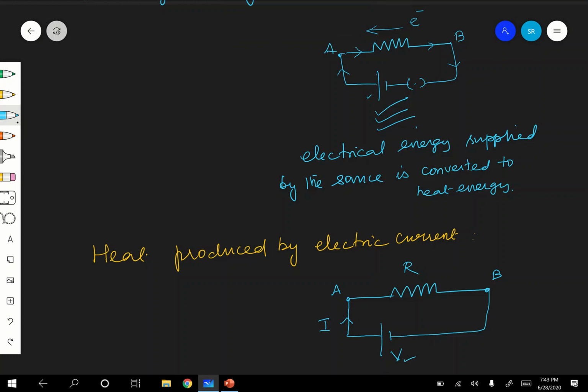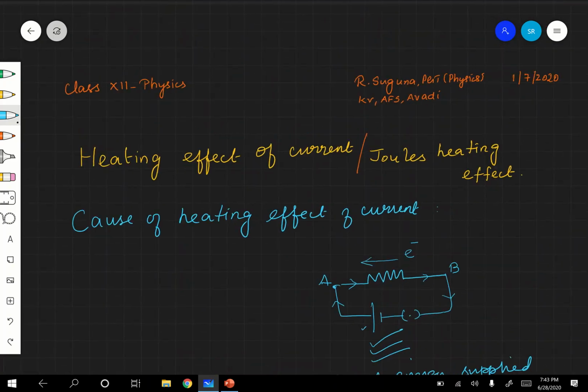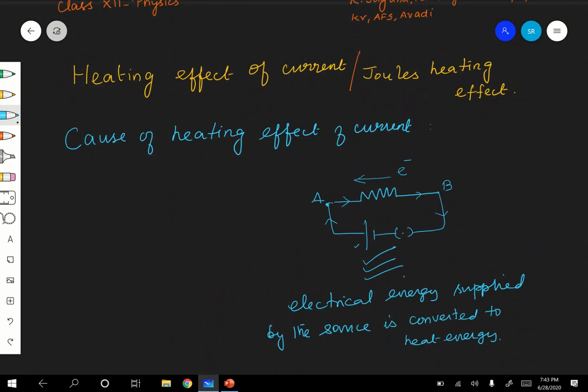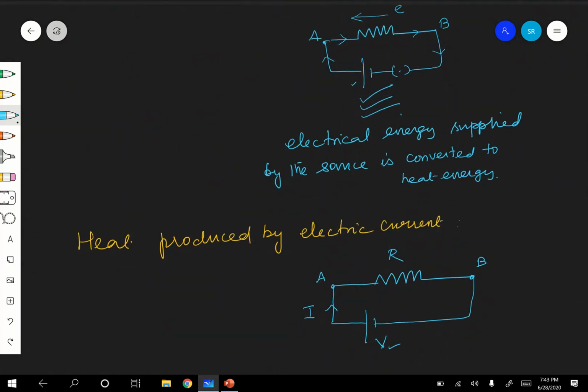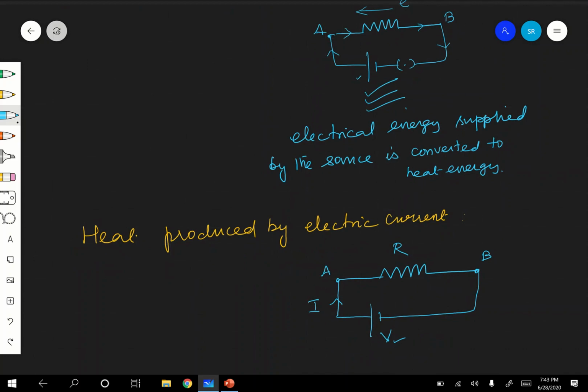Potential difference across R is V. Is it clear?